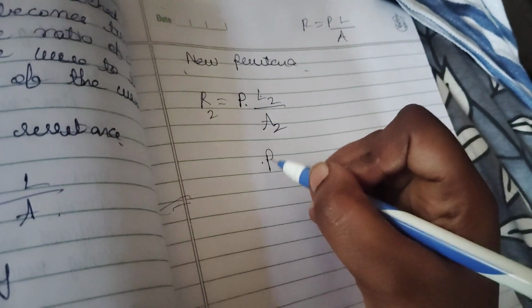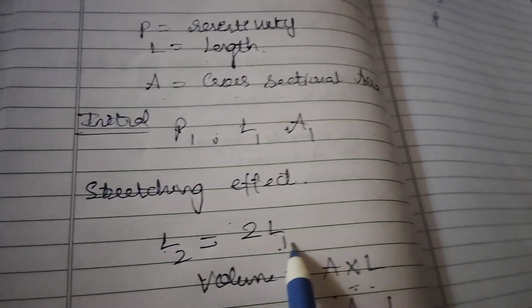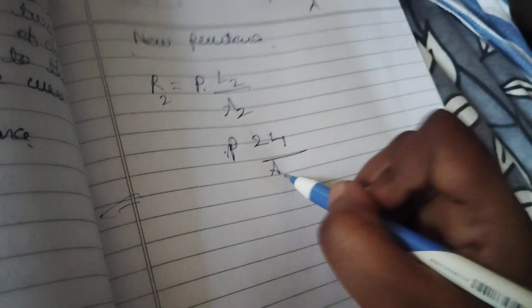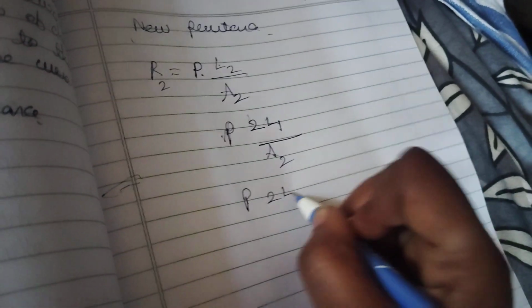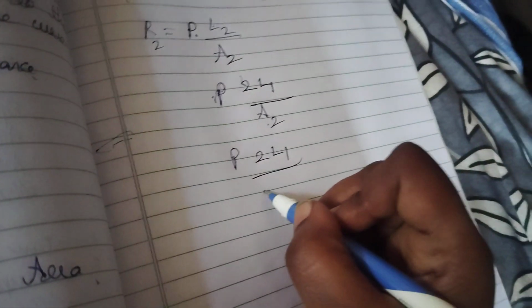What is L2? L2 is the new length, equal to 2 times the previous length before stretching, 2L1 by A2.